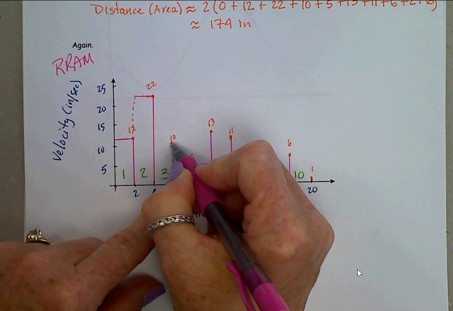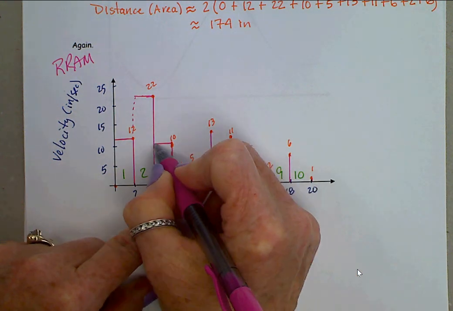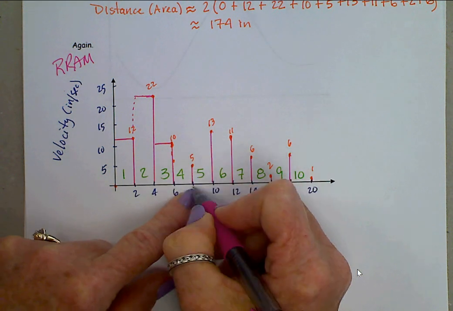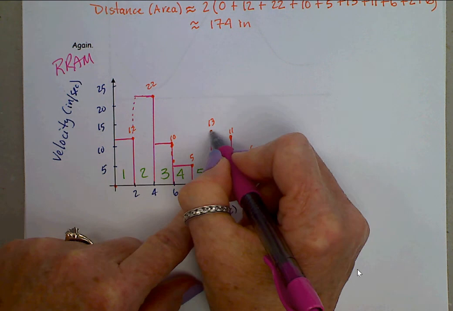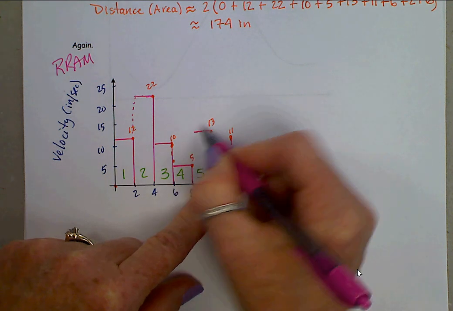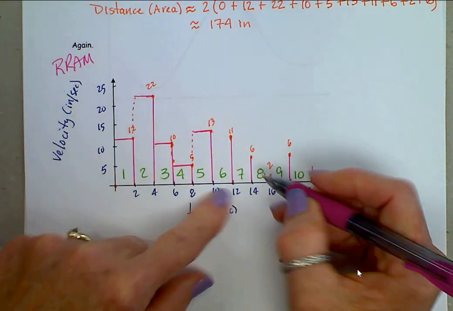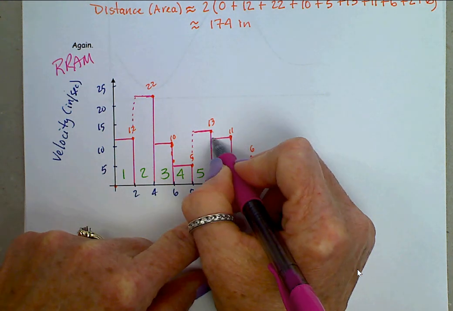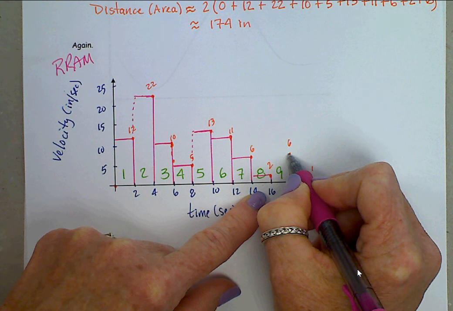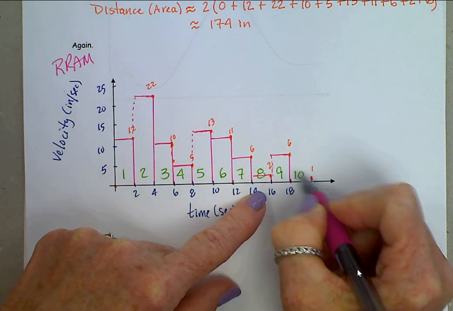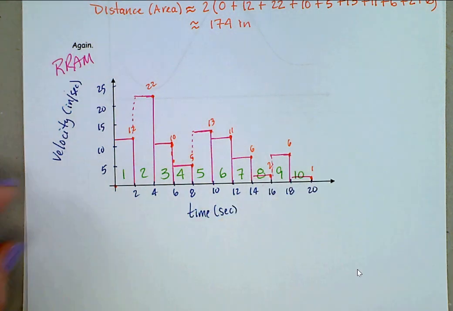Third rectangle, right-hand side is this 10. Fourth rectangle, right-hand side, 5. Fifth, 13. Sixth is at 11. Seventh, 6. 8, 2. 9 is 6. 10th rectangle, 1.